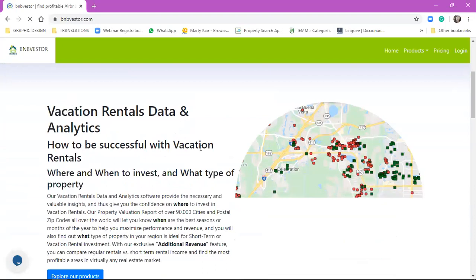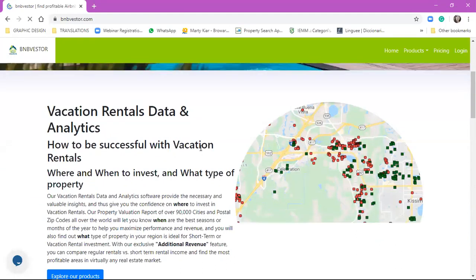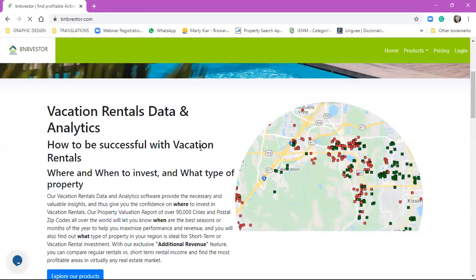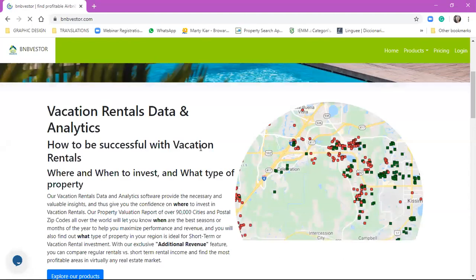So we're going to give you the locations depending on what type of property you want to invest in and in what area. But we will tell you in that area where's the best part where you can do your rentals, what type of properties in that area is best or has more demand in BNB rentals as well.